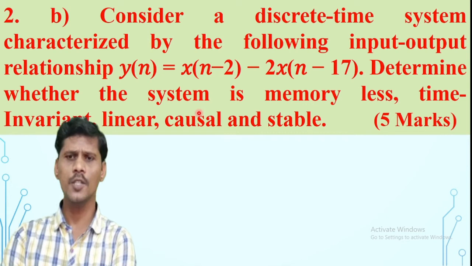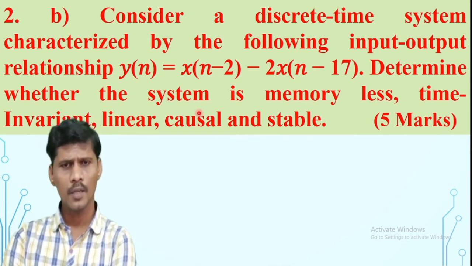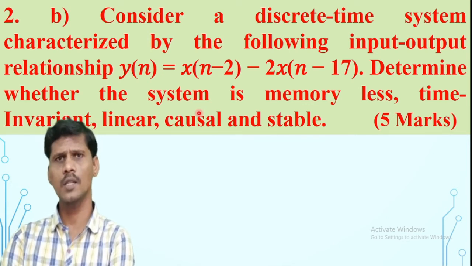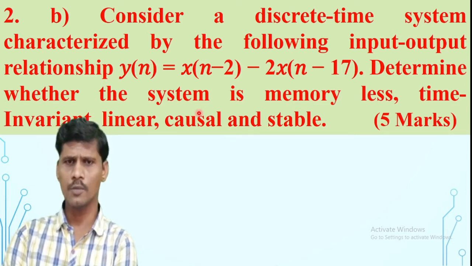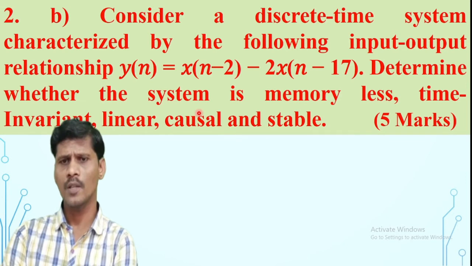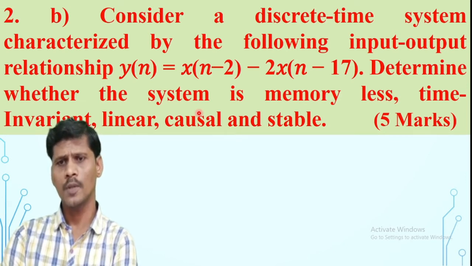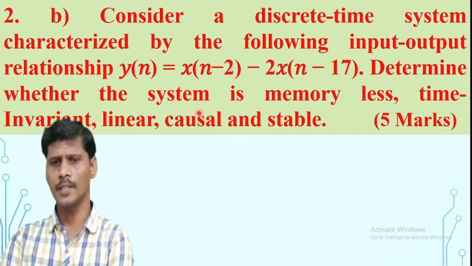Determine whether the system is memoryless, time invariant, linear, causal, and stable. Okay, so the given difference equation is y of n equals x of n minus 2 minus 2 x of n minus 17. Calculate whether the given system is memoryless, time invariant, linear, causal, and stable.